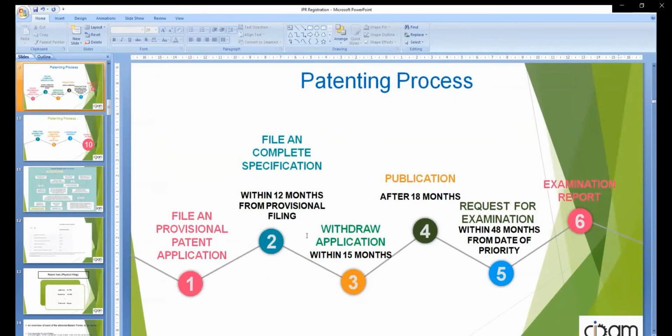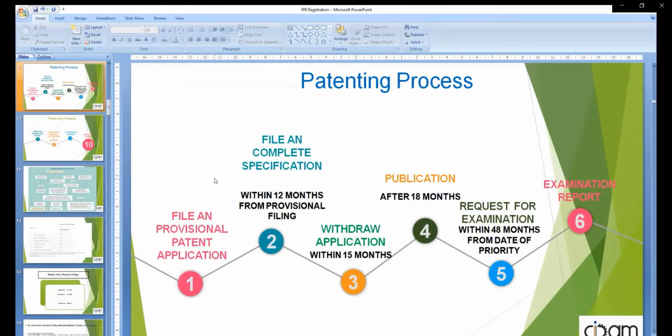So the patenting process: we start with filing a provisional patent application. Then within 12 months, we file a complete specification with all the modifications, drawings and claims. The only difference between a provisional and a complete specification is that the provisional doesn't have claims, because we don't know what we are claiming when we are filing it.